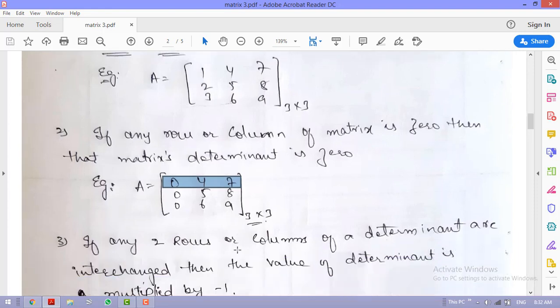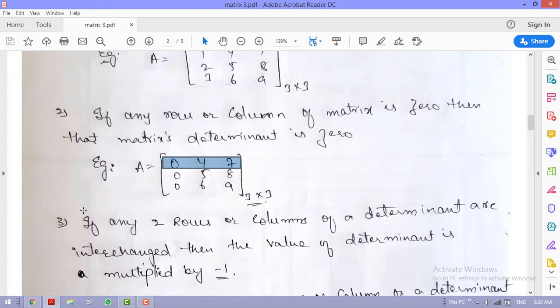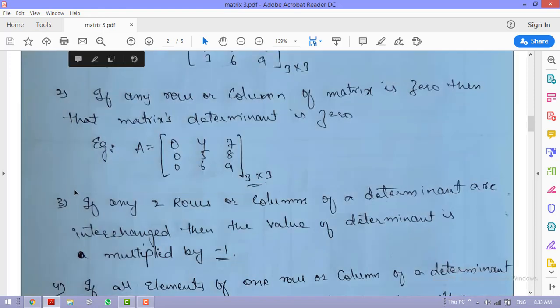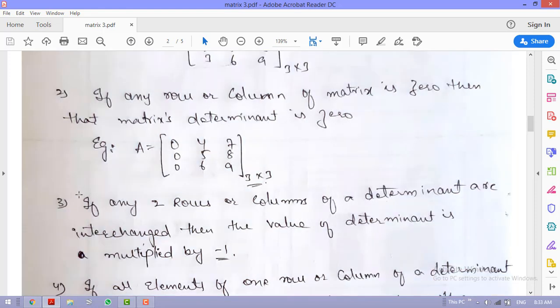Now let us see the third property. If any two rows or two columns of a determinant are interchanged, then the value of the determinant is multiplied by minus 1. You have to keep in mind that this doesn't mean you have to apply a transpose.